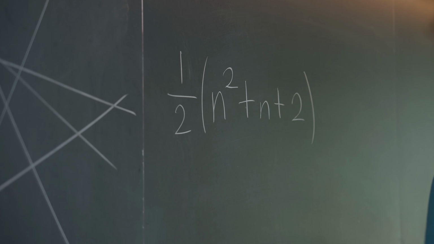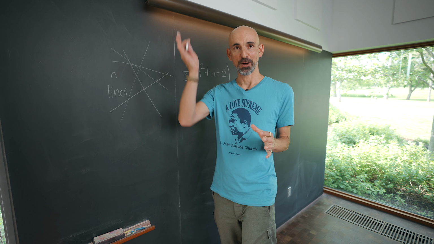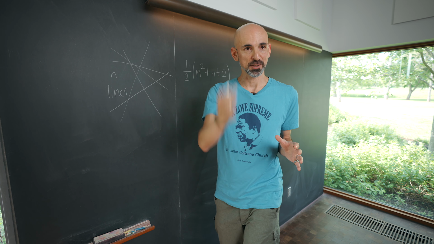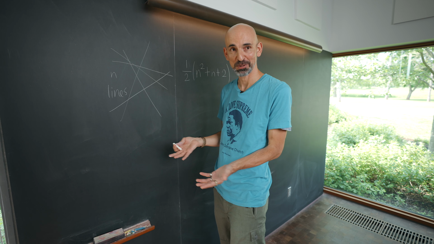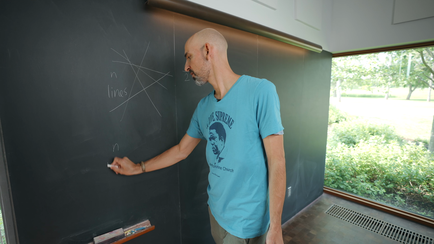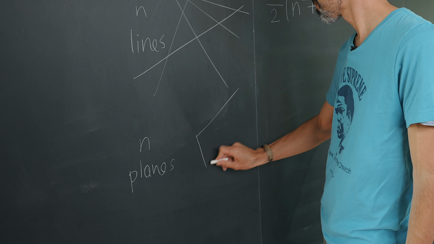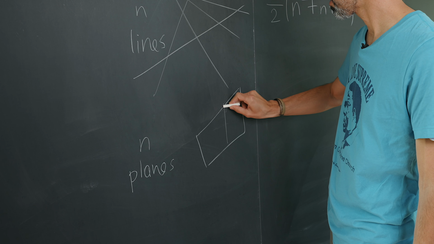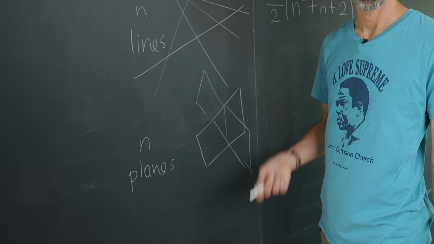Okay. What happens if you take a cube of cheese and now you make n cuts through it? You could say, a little bit less poetically, you're in three-dimensional space and you are going to draw n planes. So here's one plane, and then here's another plane, and then you draw another one, and so on.